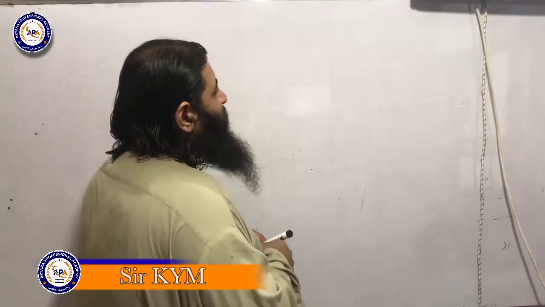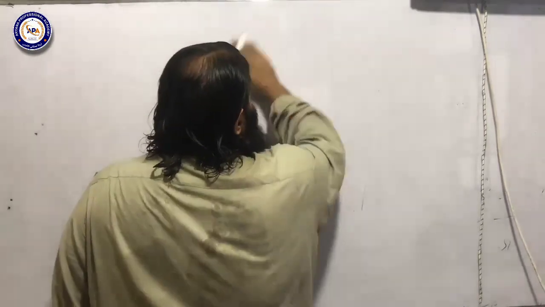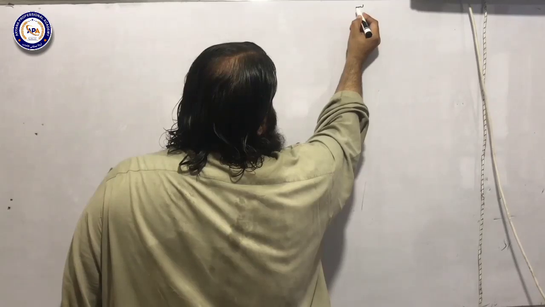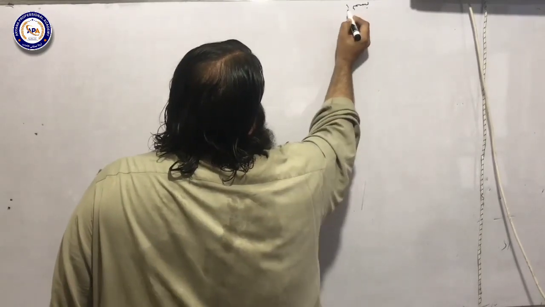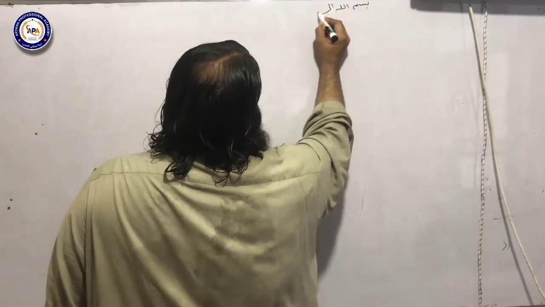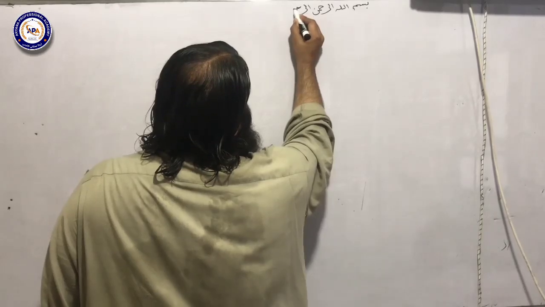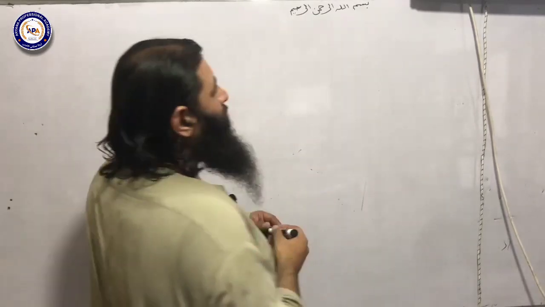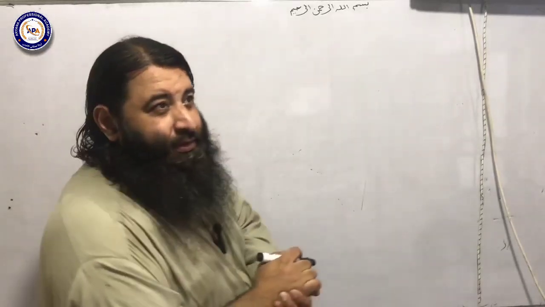Okay, yesterday we talked about vowel sounds, the definition and the types, and we came to know that generally vowels fall into two categories. They are pure and compound vowels. And then we studied that pure vowels are further divided into three categories: front vowels, central vowels, and back vowels.